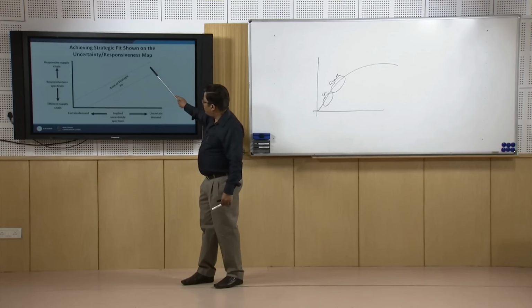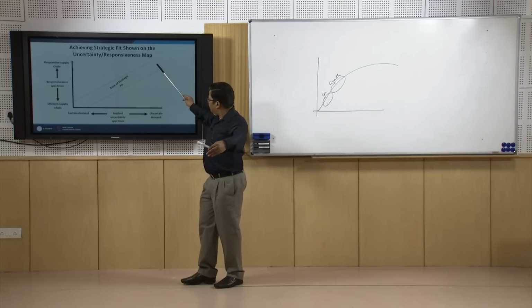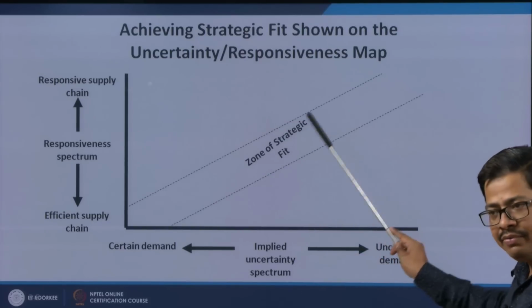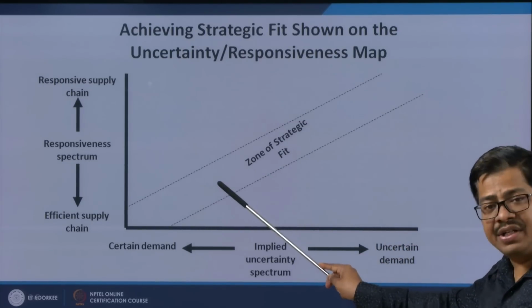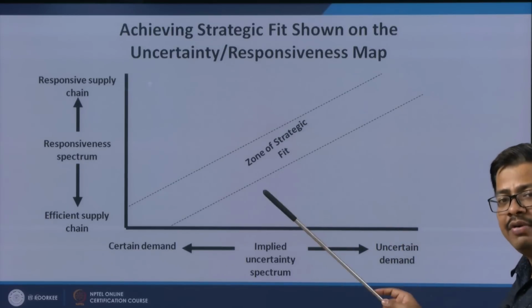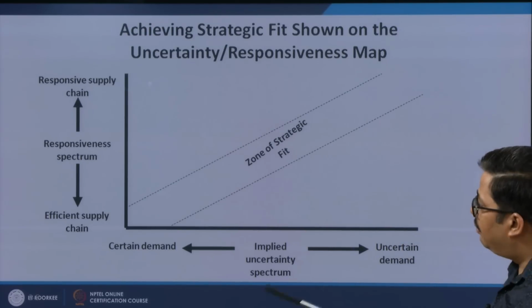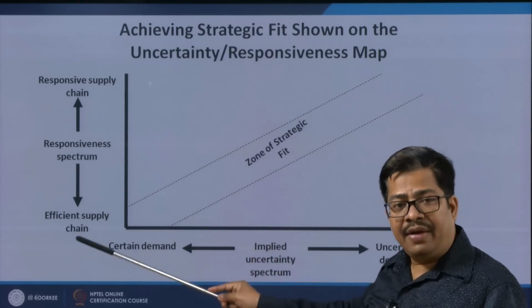So normally this is the starting position for most of the products in this zone of strategic fit, and over a period of time we move towards the origin. From here we move in this direction, so that over a period of time, as uncertainties are reducing, we need to change the supply chain capabilities from responsive to the efficiency.